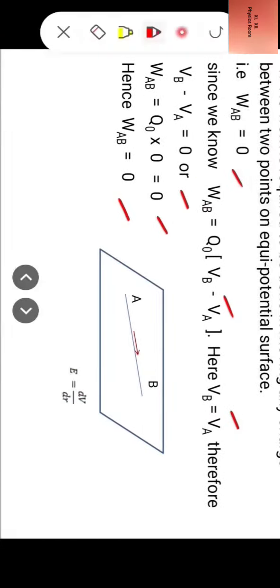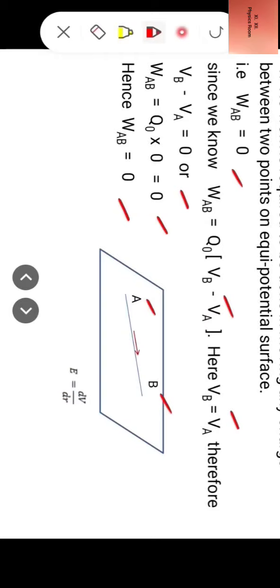So you look at this diagram. This diagram is an equipotential surface. We have 2 points A and B. At A, electric potential is VA. At B, electric potential is VB. VA is equal to VB. So therefore, when VA is equal to VB, then VB minus VA will be 0. So therefore, work done WAB will be equal to Q naught into 0, that will be equal to 0.